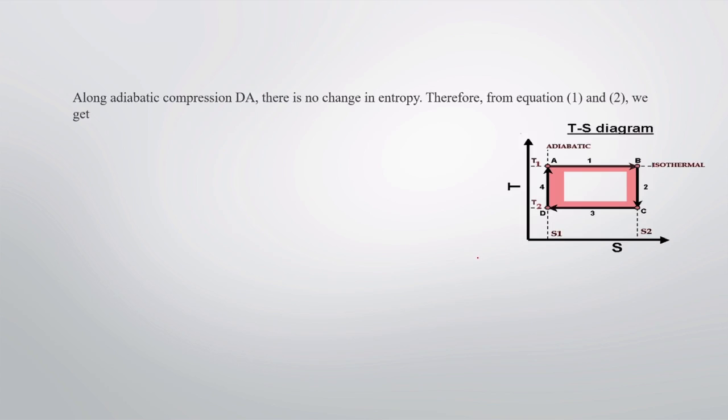And therefore, from equations 1 and 2 we can write Q1 is equal to T1 into (S2 minus S1), and Q2 is equal to T2 into (S2 minus S1). So from the first equation, during this isothermal change, we have Q1 by T1 is equal to S2 minus S1, where Q1 is equal to T1 into (S2 minus S1).